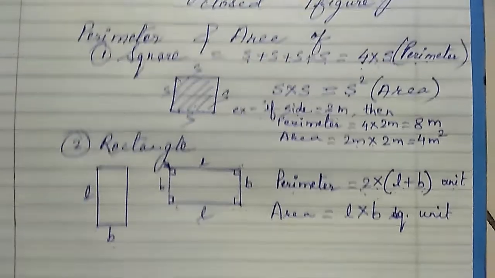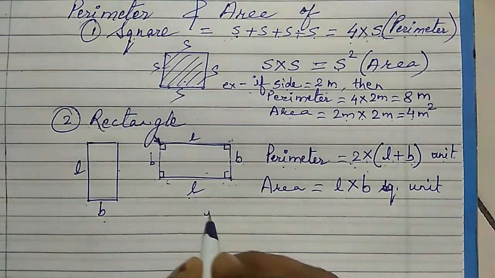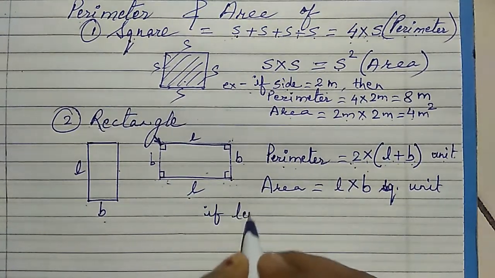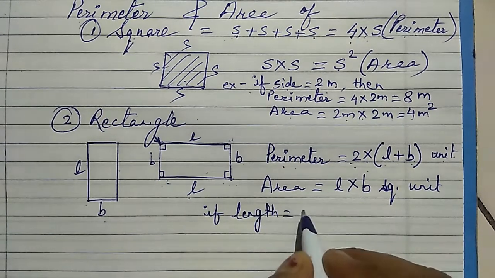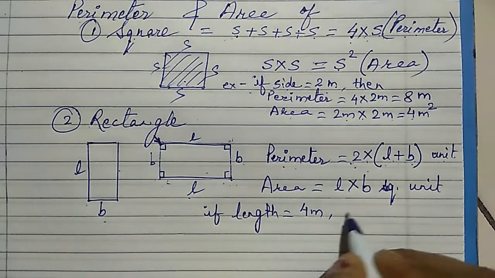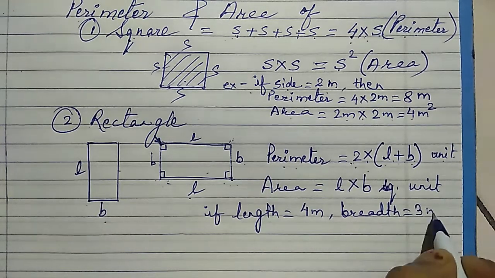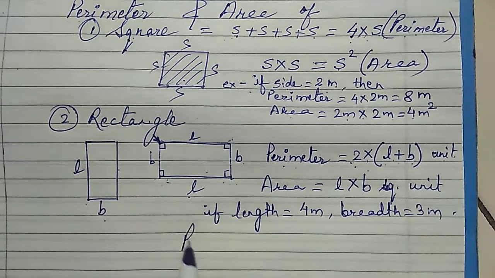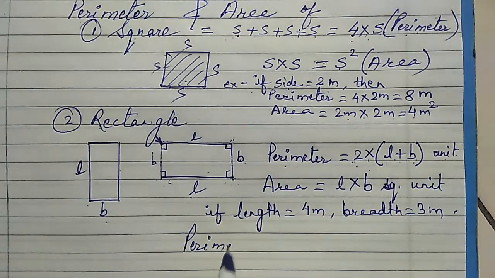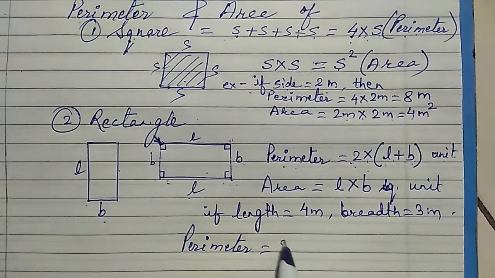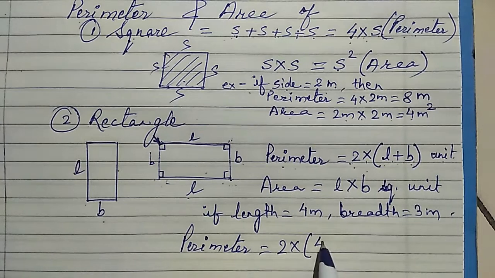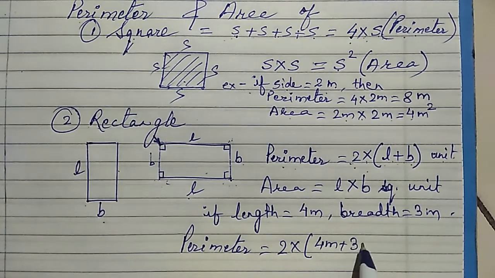Let us take one example. If length is given as suppose 4 meter and the breadth of a rectangle is given as 3 meter. So what will be the perimeter? So perimeter will be 2 multiply 4 meter plus 3 meter.